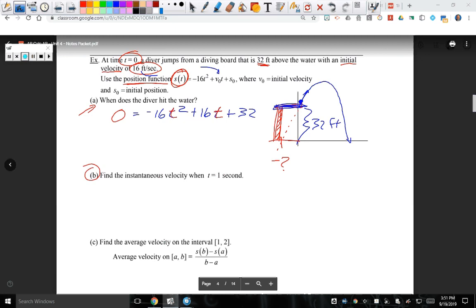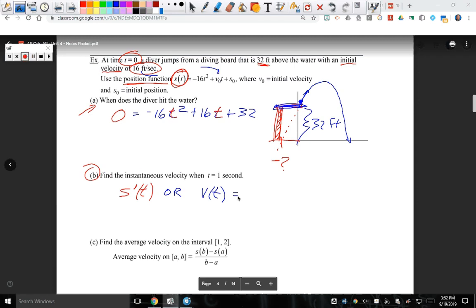Find the instantaneous velocity when t is 1. Arjun, what do I do? Find the derivative. So s prime of t, which you could also write as v of t. Notice that I don't have that prime on v of t. Because if I did, I would be talking about what?